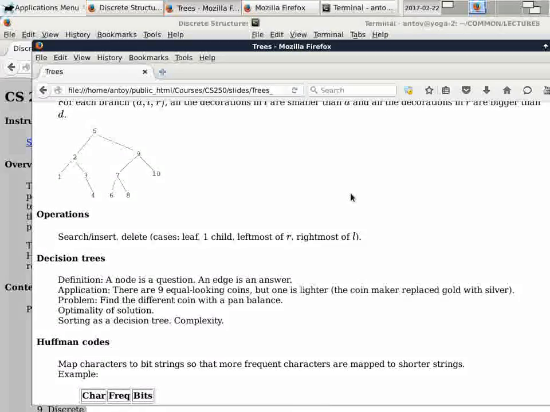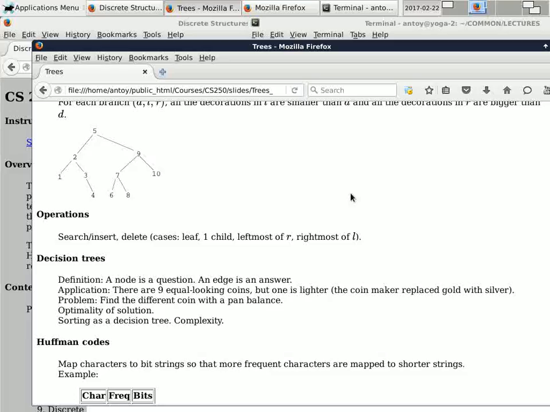So how do you search? How can you tell whether an element is in the tree? Suppose that I want to check whether 7 is in the tree. How do I do it? I compare it to 5 and say, oh, it's not here yet.